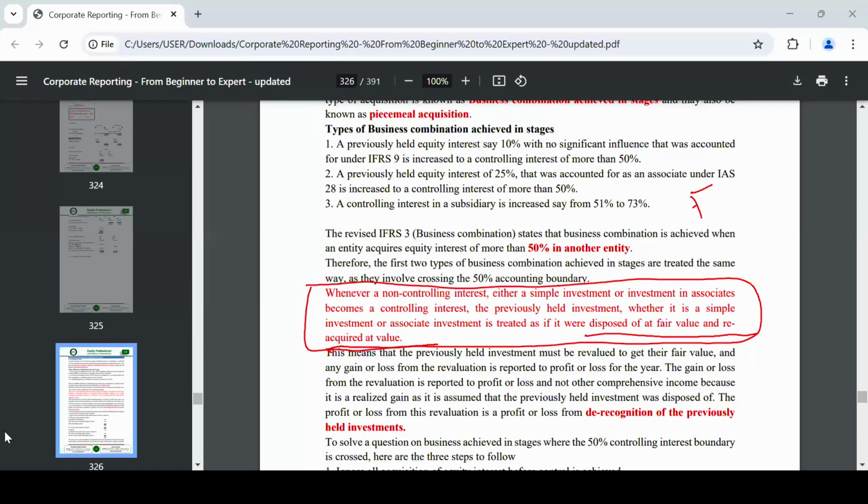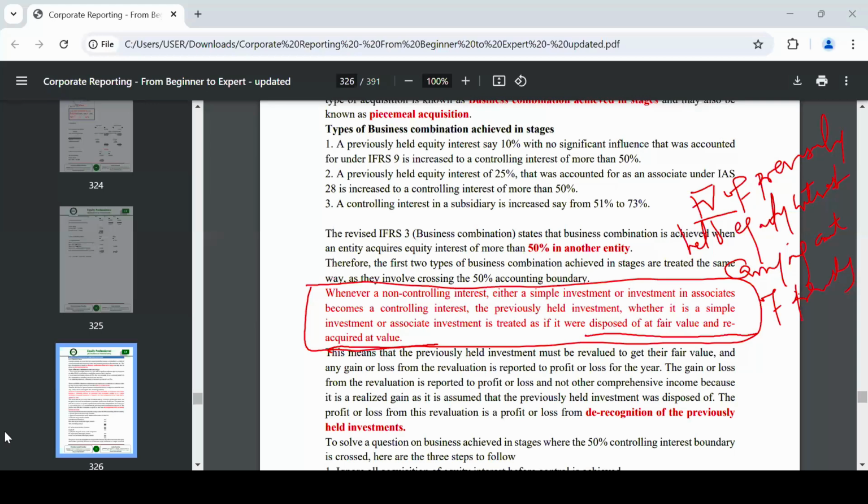Now, what this means is that we are going to have to do a calculation between the fair value of your previously held equity interest, all right? And then we are going to compare this with the carrying amount of the previously held investment.